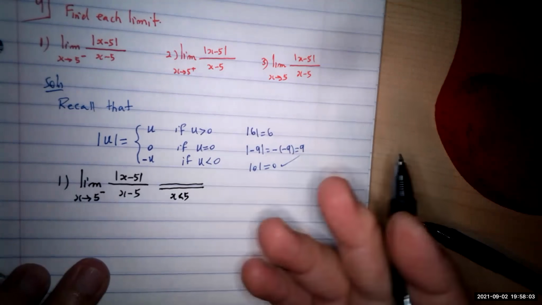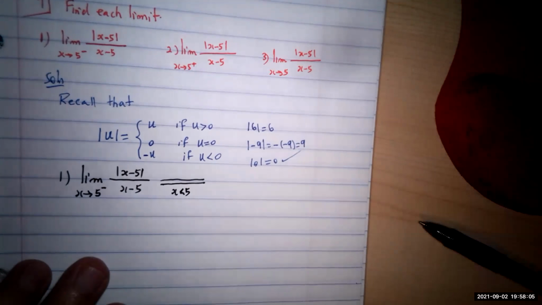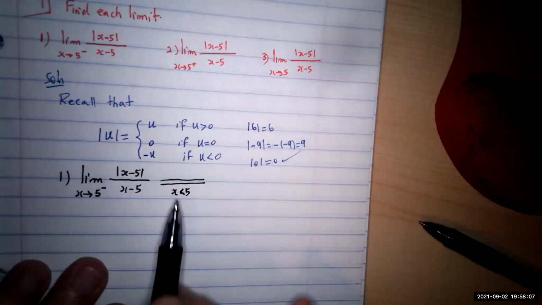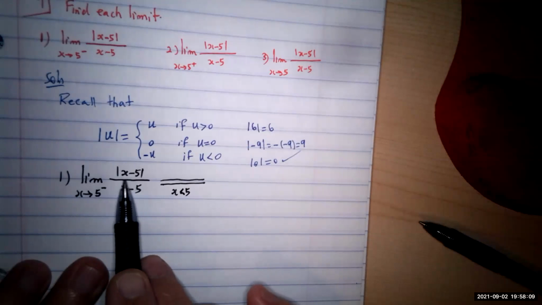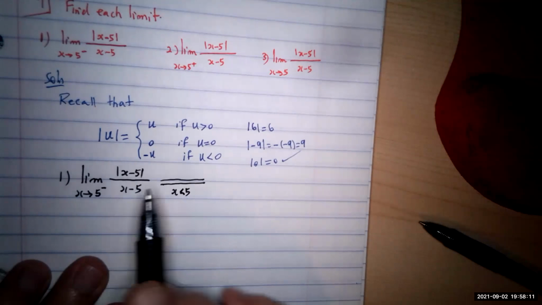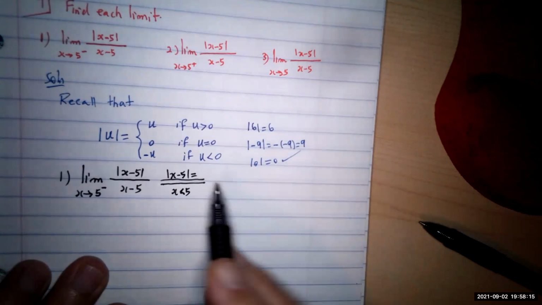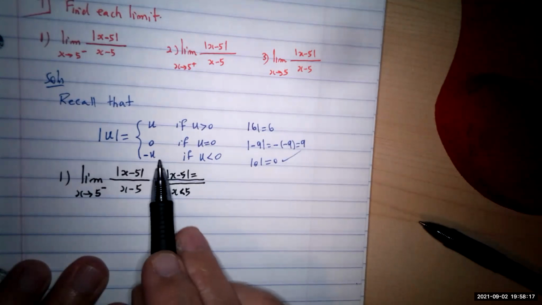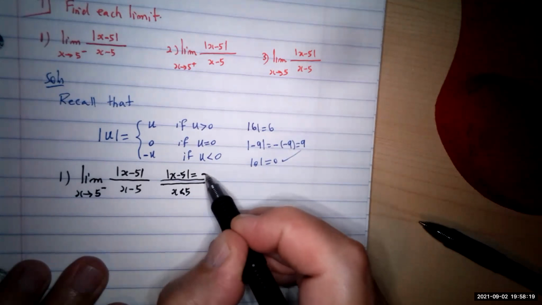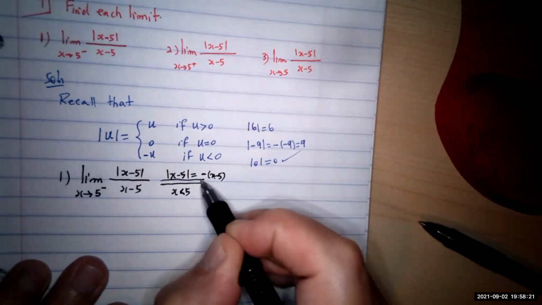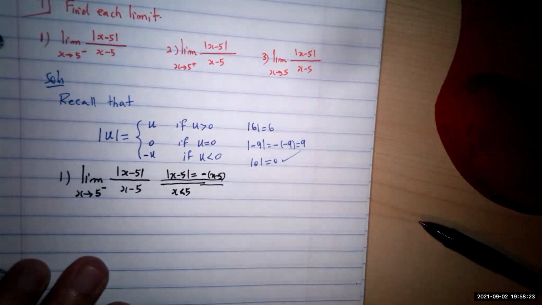It's a 4, it's a 3, it's a 2, it's 1.5, 3.5. Whatever I pick, the inside is a negative number. So the absolute value of x minus 5 is going to be negative u, the opposite of x minus 5.